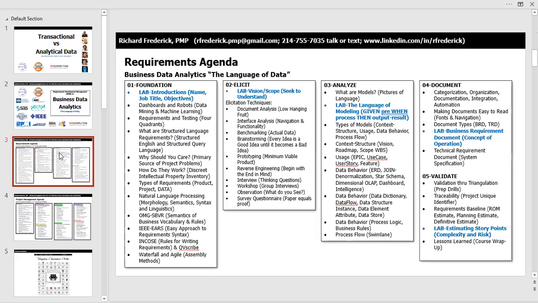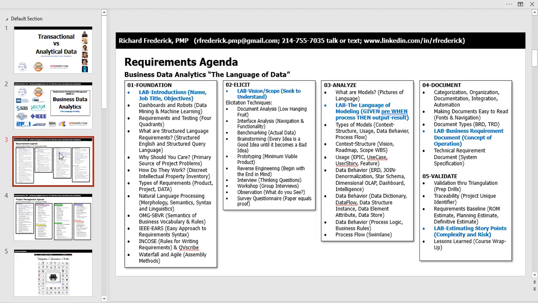If you're new to our session, my name is Richard Frederick. I teach all kinds of classes, but I specialized in putting together two specific classes on business data analytics, the language of data, which is the underlying structure of the digital transformation, which ultimately is about training intelligent assistants: Siri, Cortana, Hey Google, Bixby, Alexa, whatever your favorite assistant turns out to be.